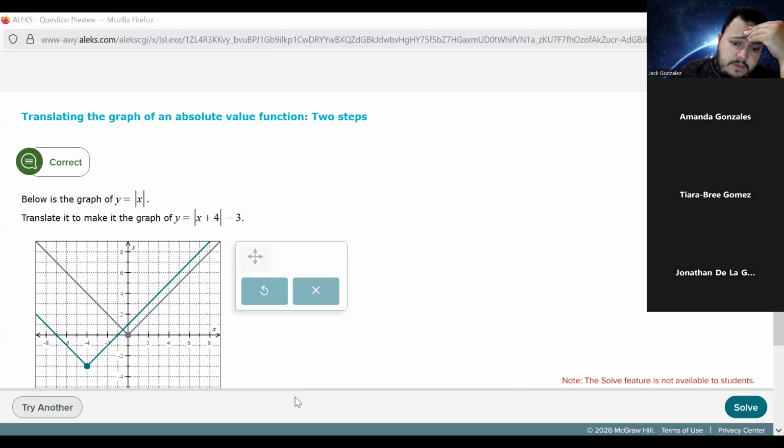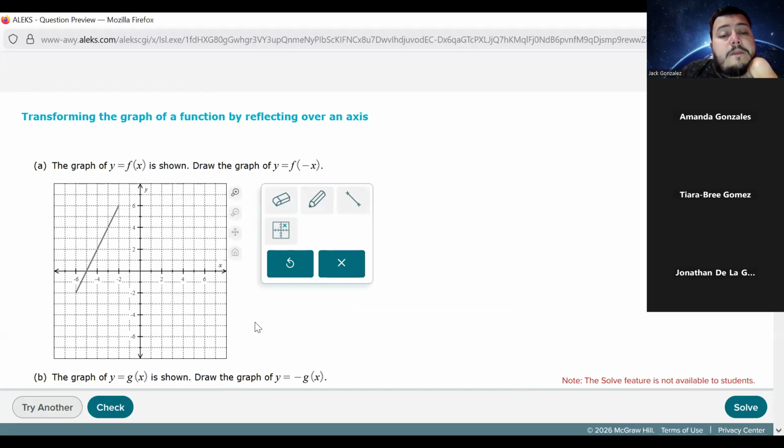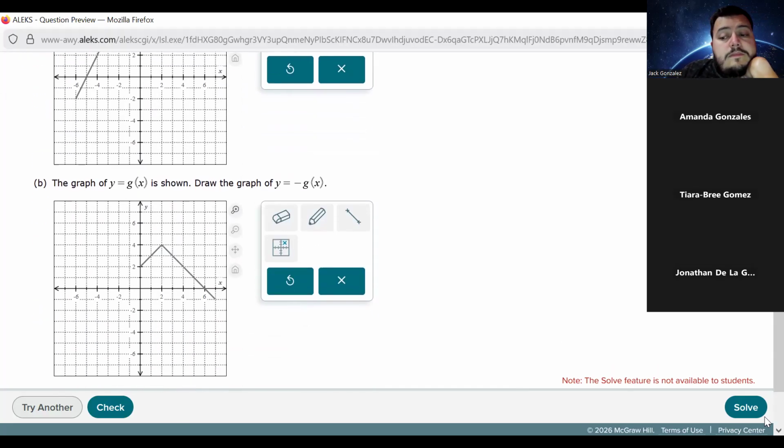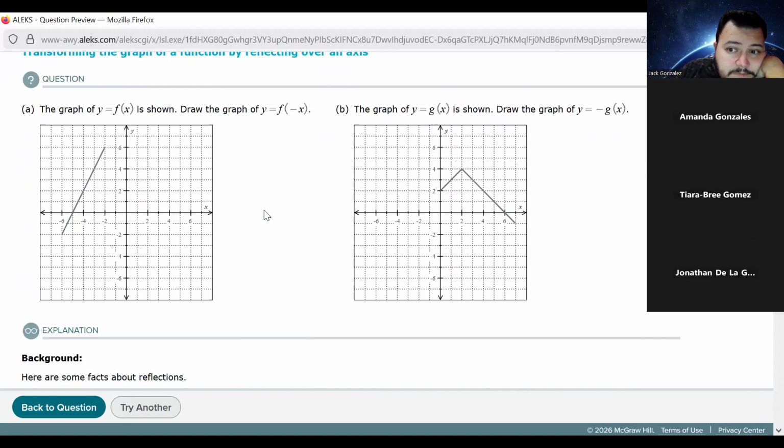Translating. This one's a little different. Let me show you the answer here. I think this will be our last problem for today. So if it wants us to do negative inside, that's going to be a reflection across the y-axis.